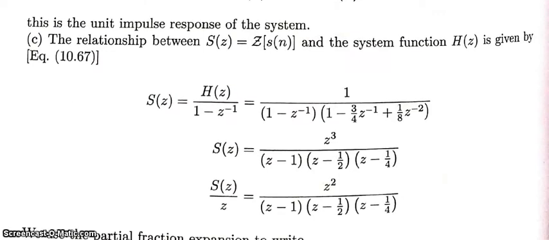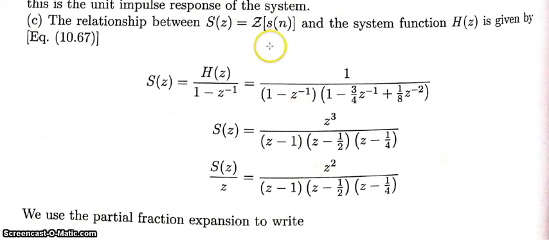We know the relationship between S(z) and H(z): S(z) is H(z) divided by 1 minus z inverse, and it is 1 divided by (1 minus z inverse) into the denominator of H(z).